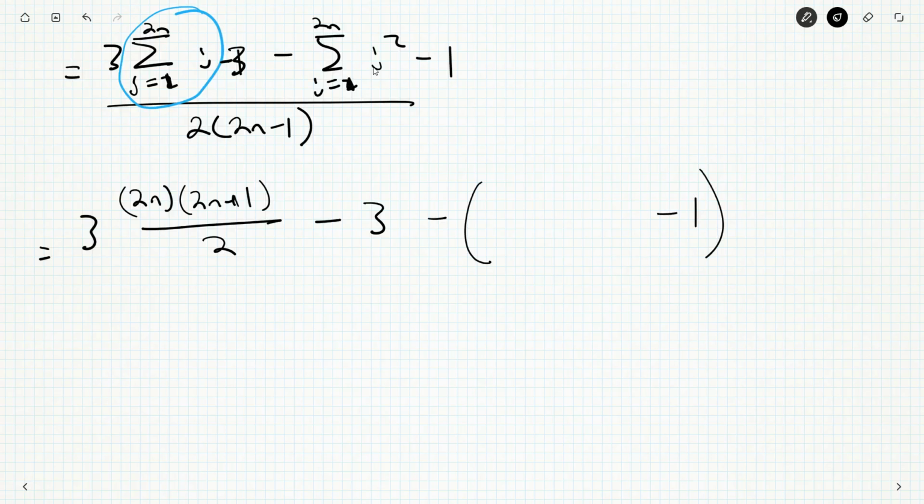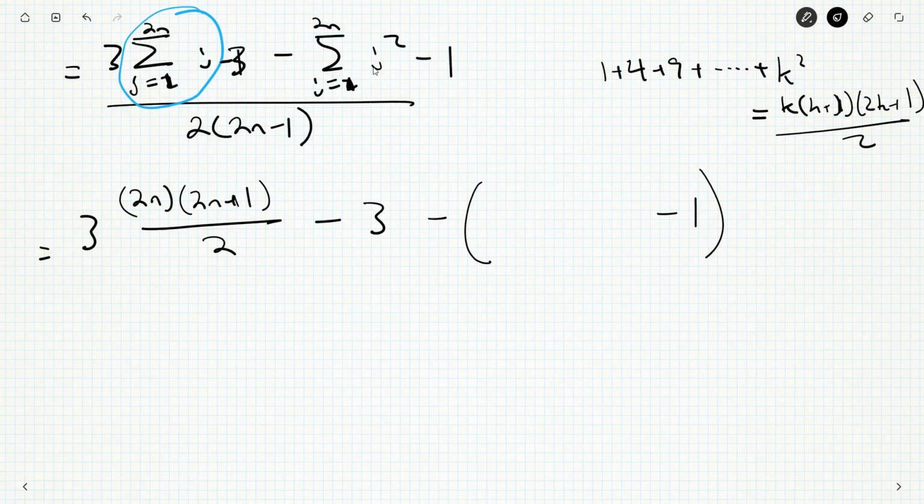Well, there's a formula for that as well. It's k times (k plus 1) times (2k plus 1) all over 6. Because if you plug in 1 there, 1 times 2 times 3 all over 6 is just 1. Plug in 2 there, 2 times 3 times 5 is 30, over 6 is 5, and that is 1 plus 4. So the formula does work.